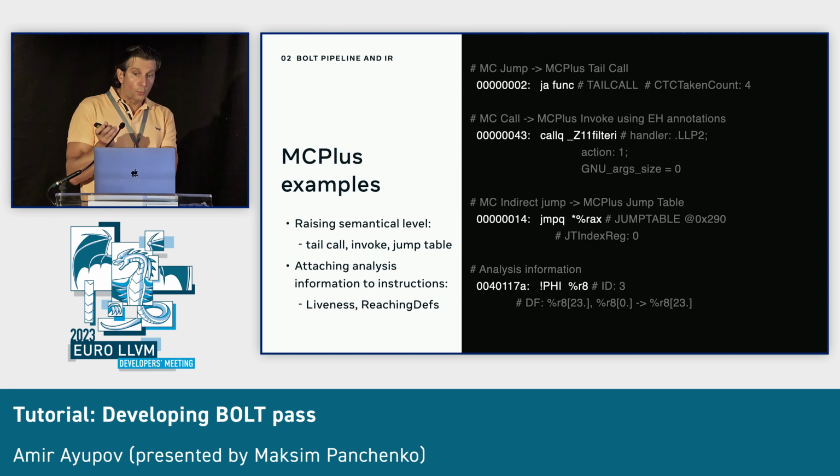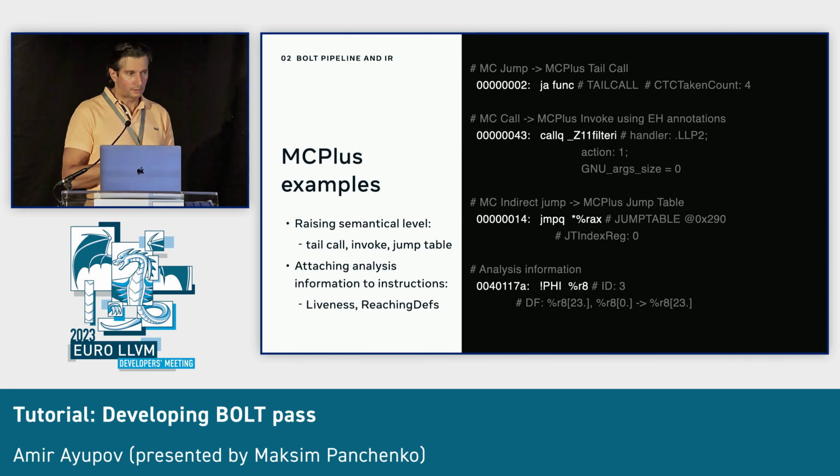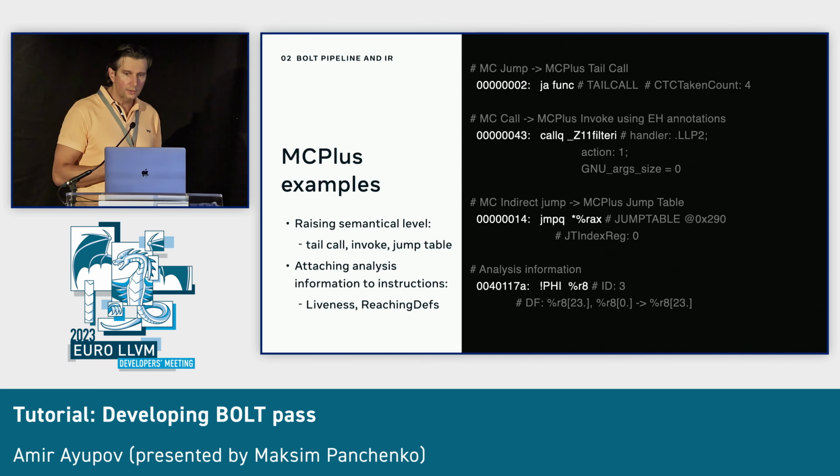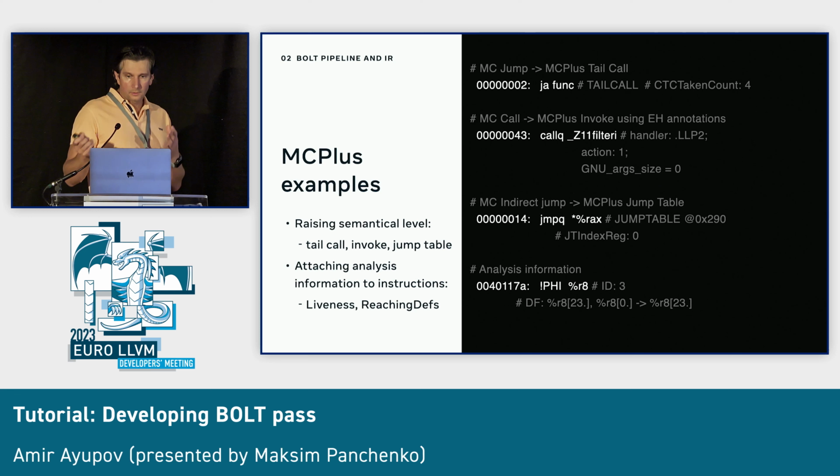For C++, it's important to attach exception handling information to call instructions, so they become what we call internally, and what they're called at the LLVM level, invoke instructions. And of course, you can do data flow analysis.